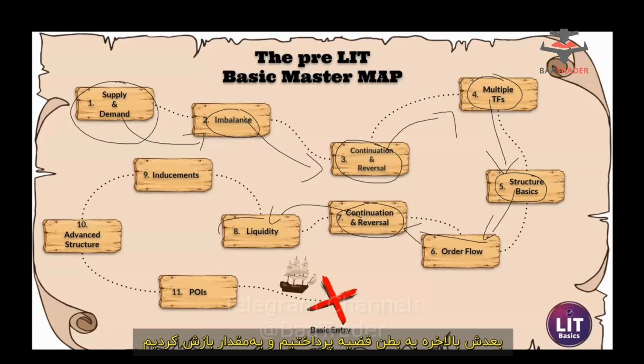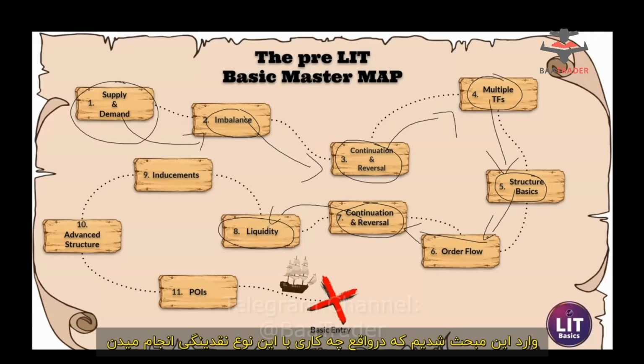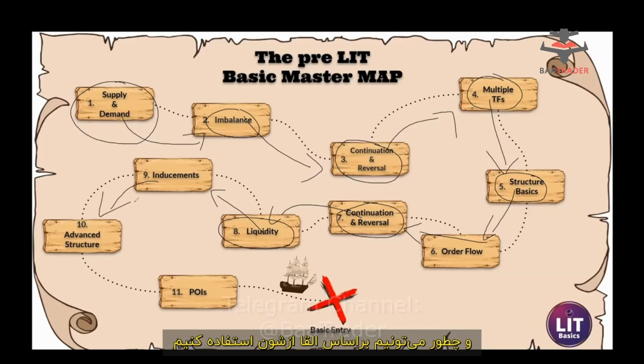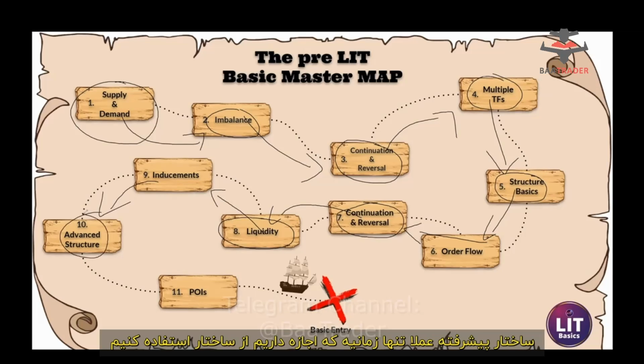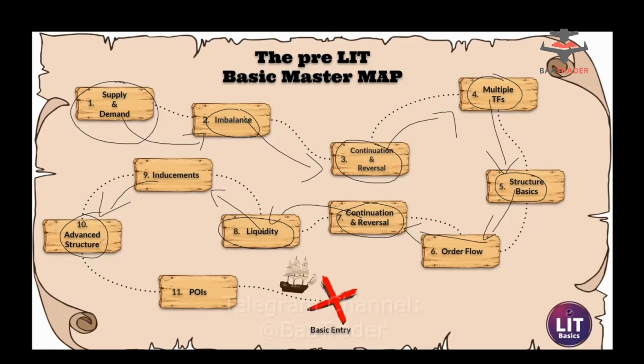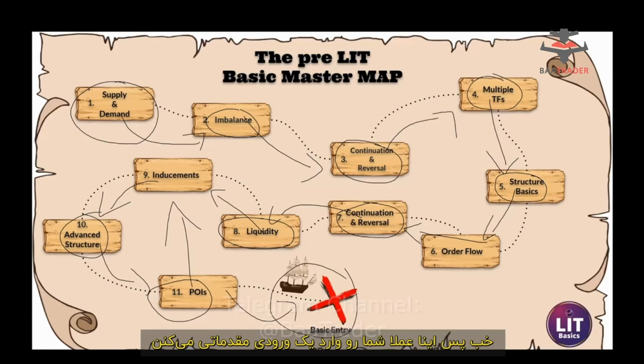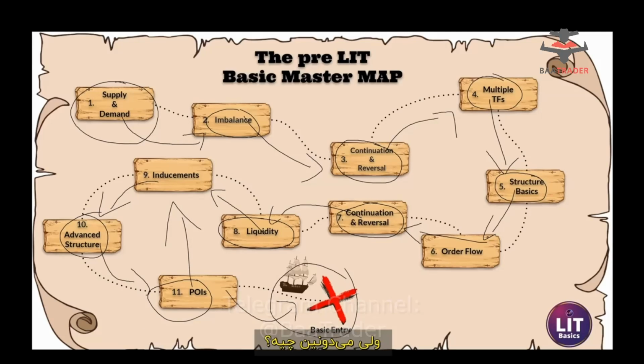Then finally getting some meat onto it, some clarity into what they actually do with liquidity, what forms we have, and how they're actually inducing that liquidity, and how we can then, based on the inducements, use structure to our advantage. The only time we actually can and should use structure, and how we can get our points of interest from these inducements, right? So that technically brings you to a basic entry.